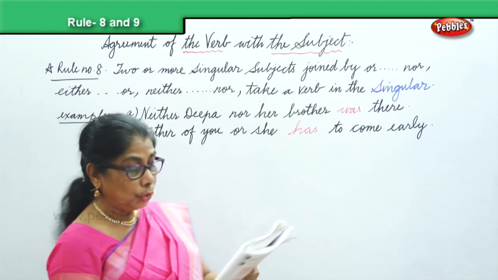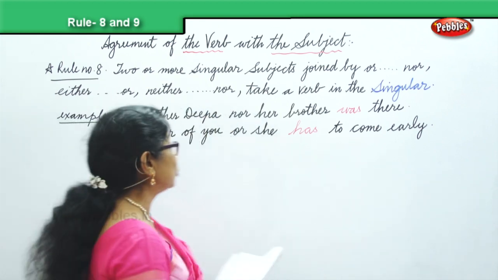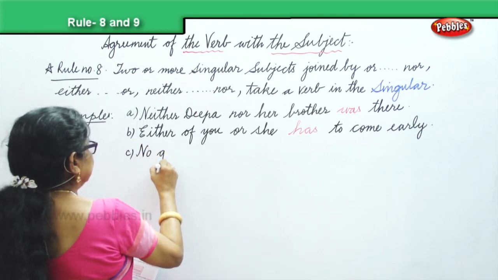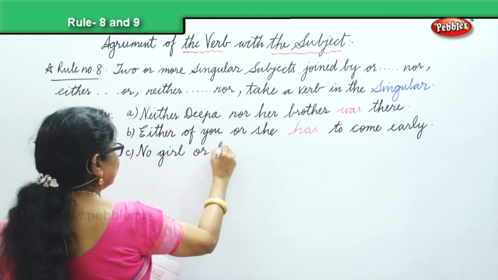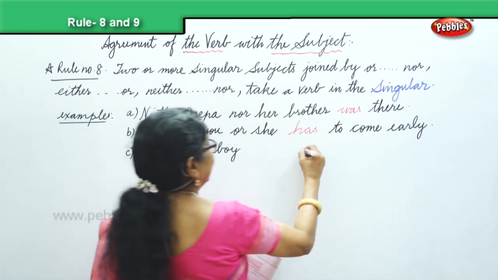One more example for you. No girl or boy dash crying. No girl or boy was crying.